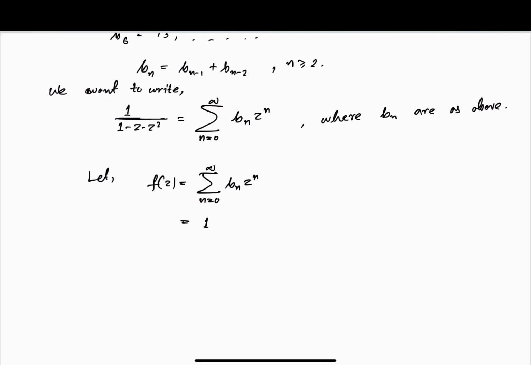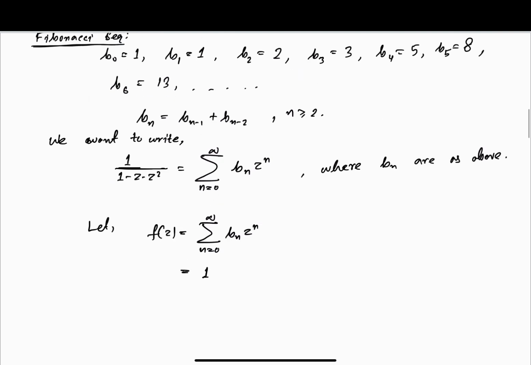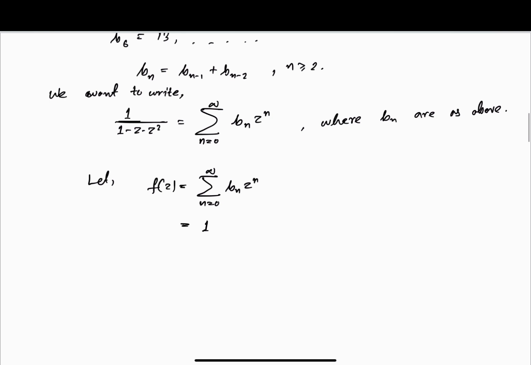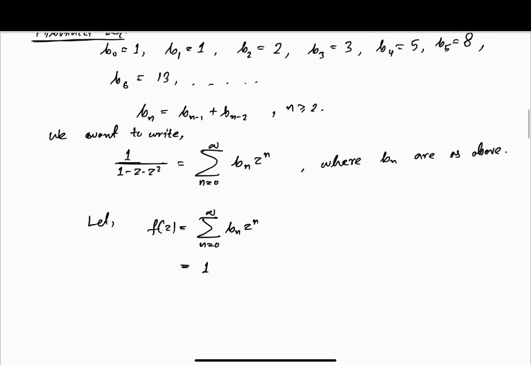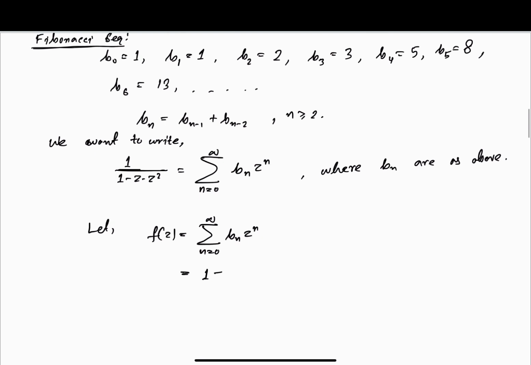Take out the first two terms, because the recurrence relation holds for n bigger than or equal to 2, so you will use it there. The first term is b0, which is 1, and b1 times z, where b1 is again 1, and then n equals 2 to infinity bn z to the power n.